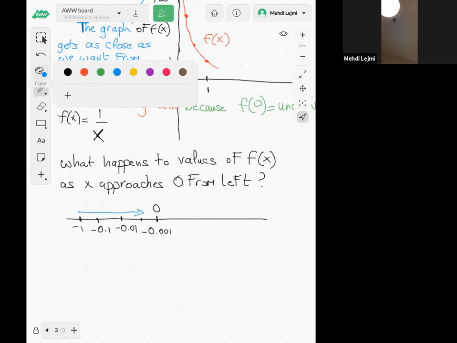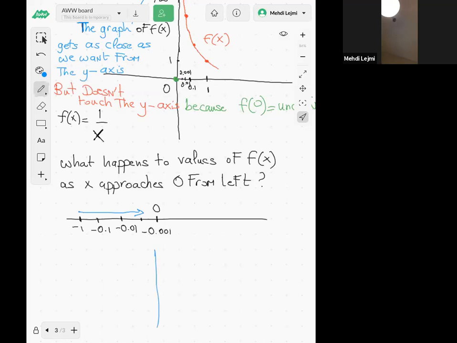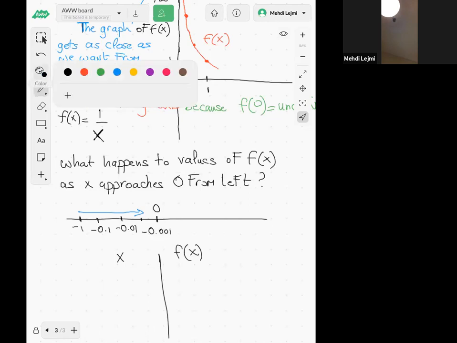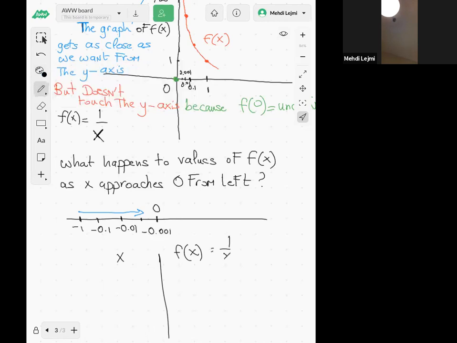So if you make a table of values with x and f of x, we can see the same thing here. f of x, of course, is 1 over x, right?